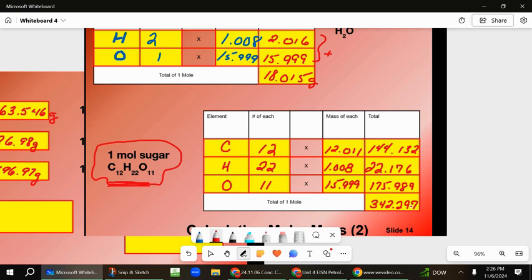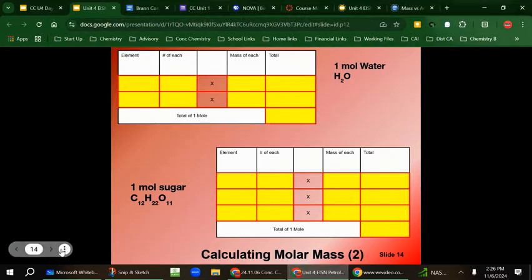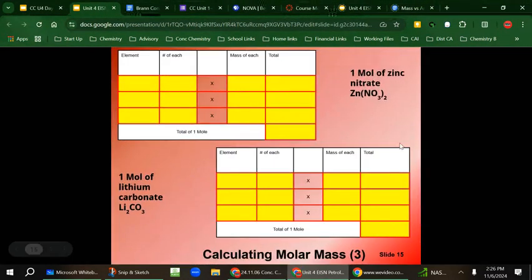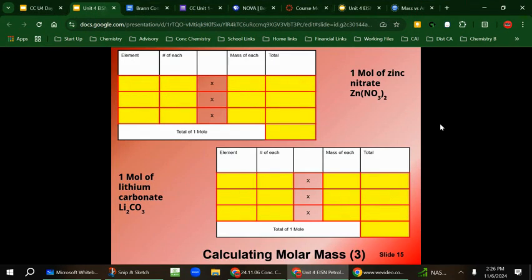The periodic table gives us the mass of each. We multiply them together. And then we add up all of the different things that are involved. Questions? All right, try to do these two real quick, ladies and gentlemen.